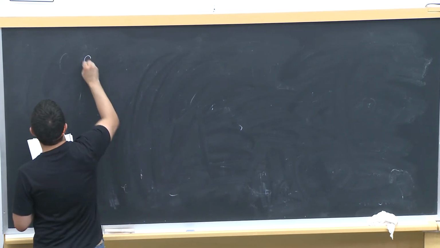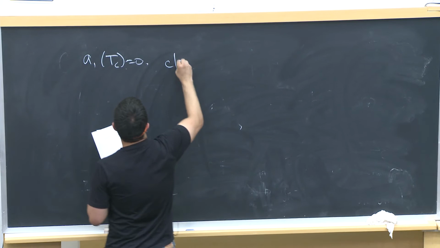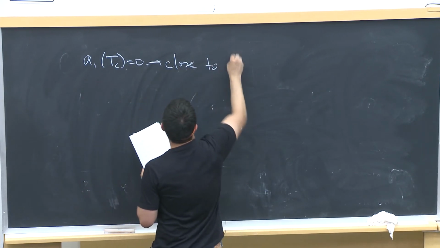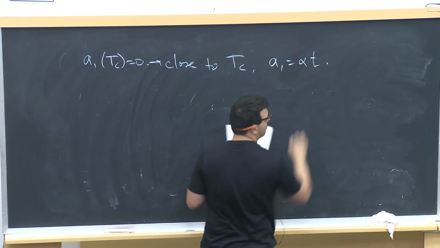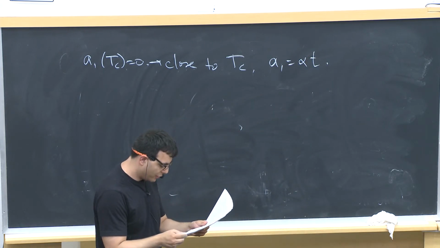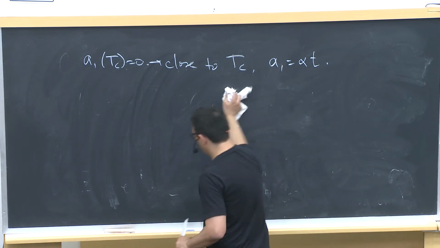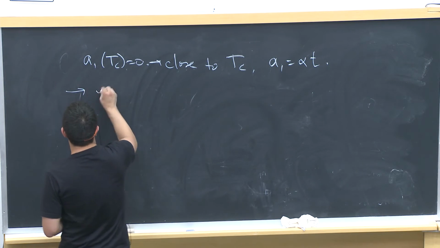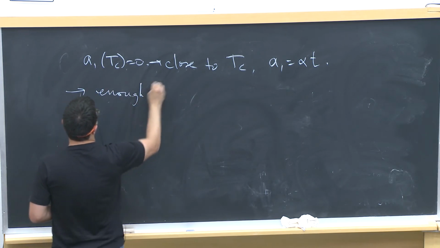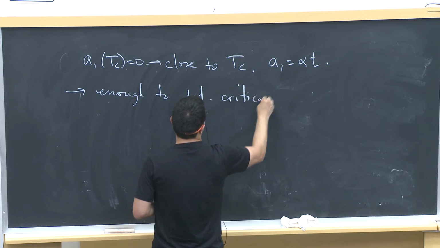So A1 at the critical temperature is 0. That means that close to Tc, A1 is a linear function. So A1 is alpha times T, where T is the dimensionless temperature. And this is actually sufficient. All this analysis is sufficient to determine the critical exponents.